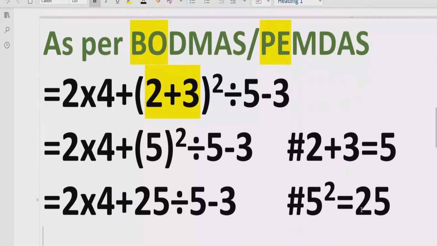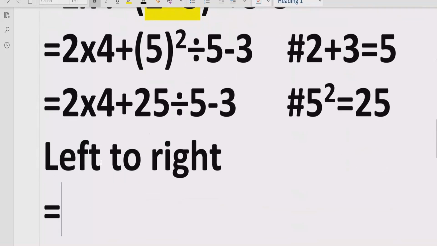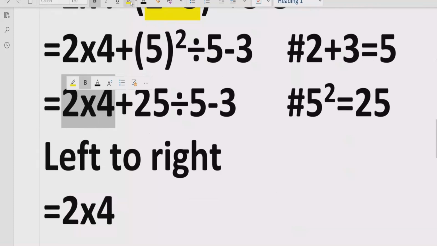Now we have to see the division and multiplication, or you can say the multiplication and division. So we have to go left to right in this expression and find out division and multiplication. So now we have multiply by 4, which we have to solve because according to the rule, first of all, we have to solve the division and multiplication simultaneously.